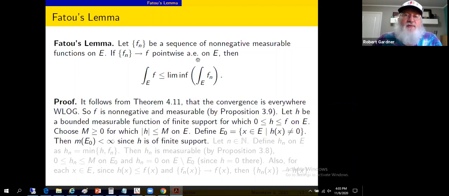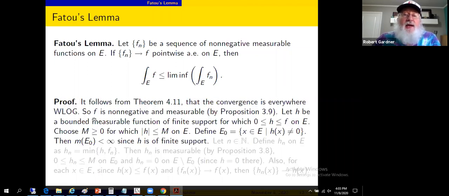Hey, that set of measure 0 where you may not have pointwise convergence isn't going to affect the value of this integral or the value of that integral, as we just saw in theorem 4.11. So we may as well assume we've got convergence pointwise everywhere. Without loss of generality, we can assume convergence everywhere. Otherwise, I've got a set of measure 0 I have to keep up with, and it won't affect anything. So says theorem 4.11. Neither of those integrals, left-hand or right-hand side, is affected by sets of measure 0.